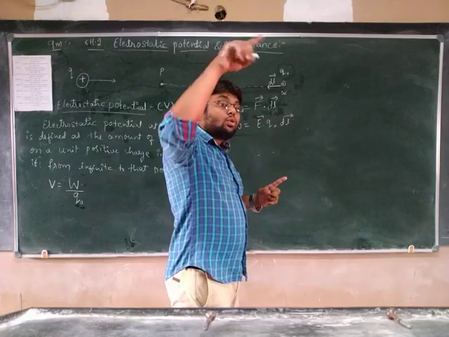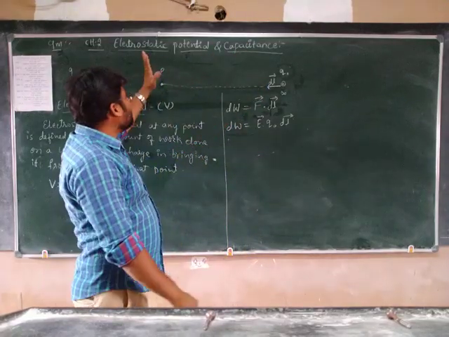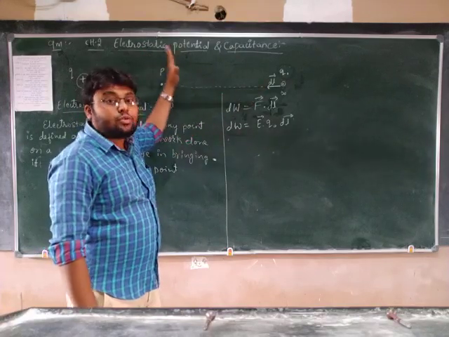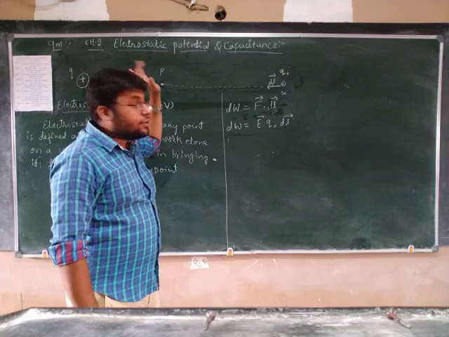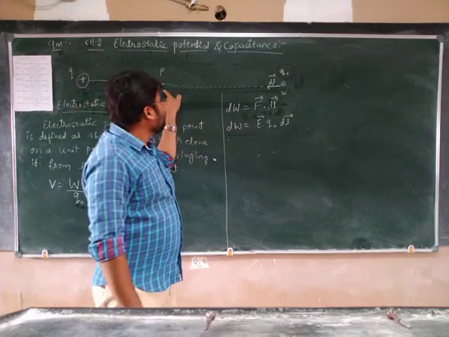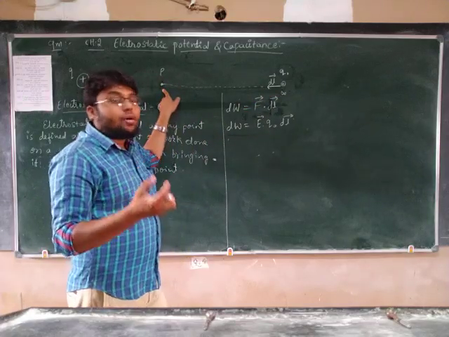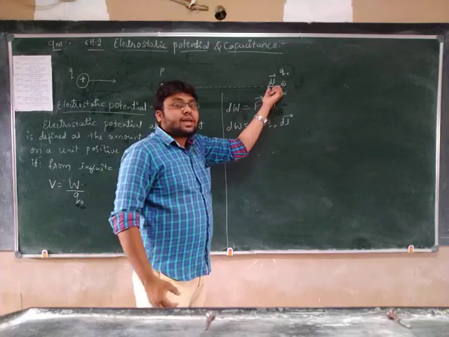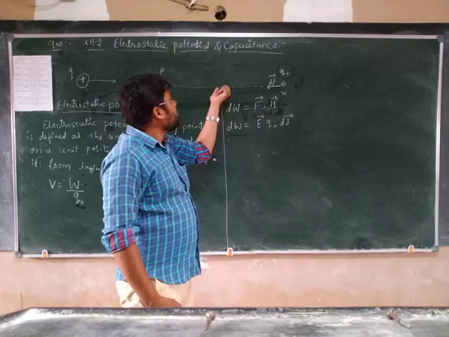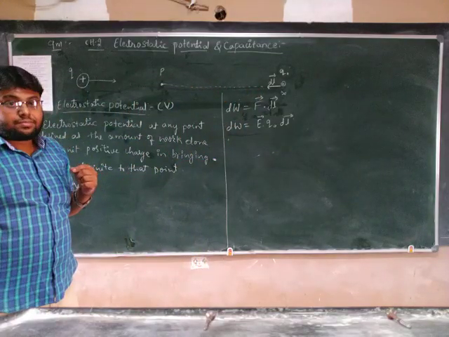Now, what is the total amount of work done in moving the charge from infinity to the point P? Then we need to integrate, because this distance from infinity to P is made up of a number of small displacements dl. Together, these small displacements give the total displacement.